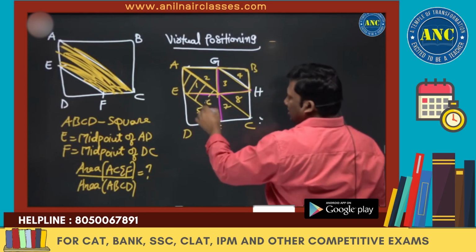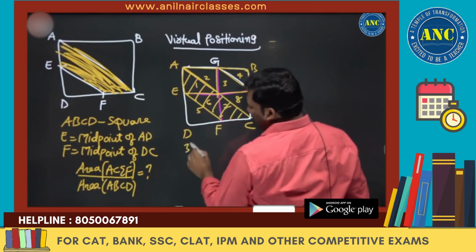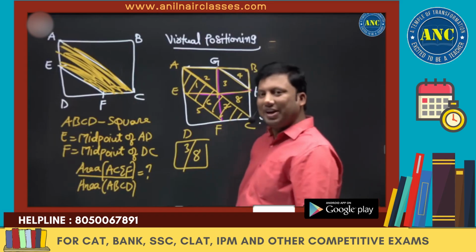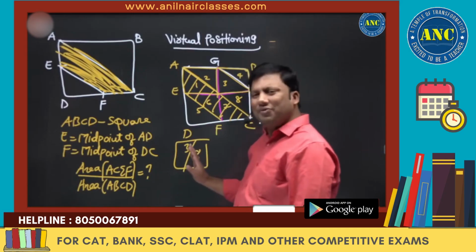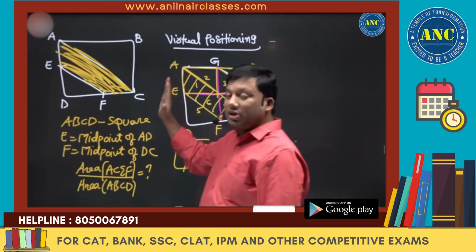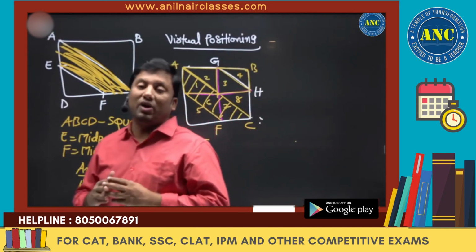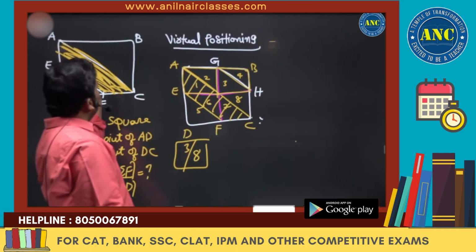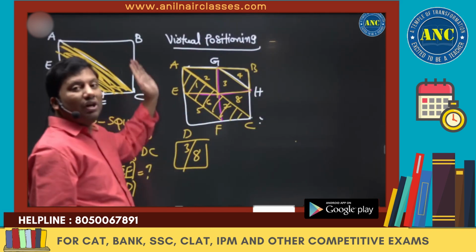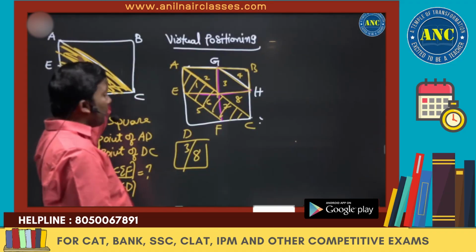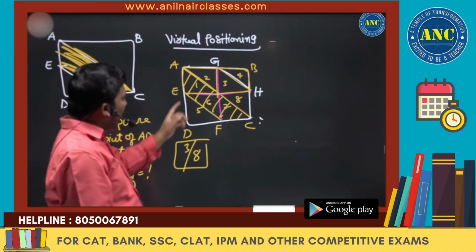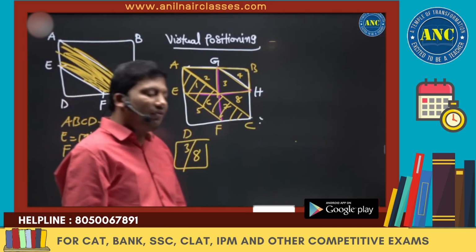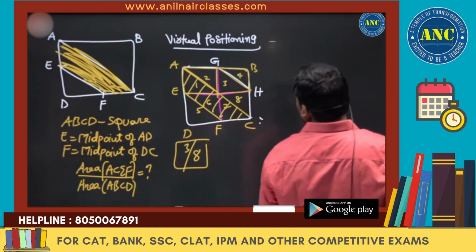I want this figure, so it is 3 out of 8. I hope the idea is clear. Very interesting question. Virtual positioning. What do you mean by virtual? Virtual is unreal positioning. Imagine what will happen if I fold this figure. After folding it, just drop a perpendicular. There are 3 right angles out of 8 right angles. So the answer is 3 by 8.